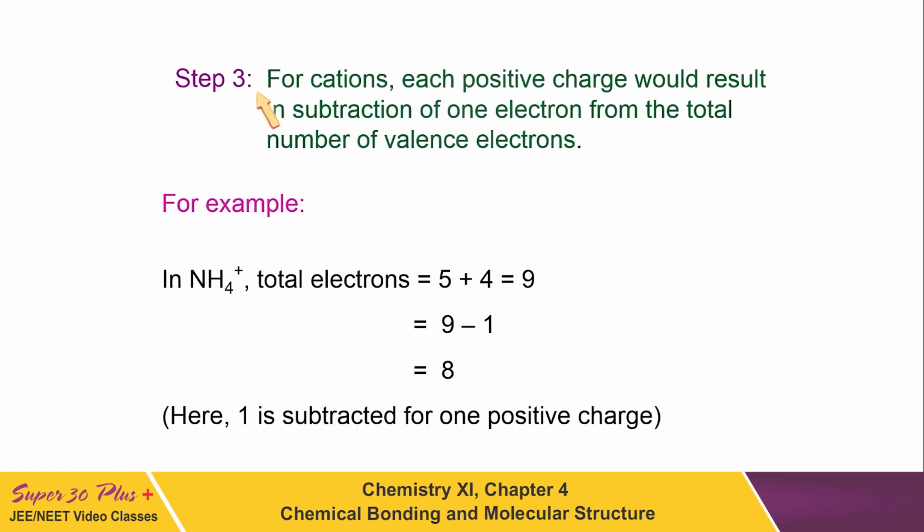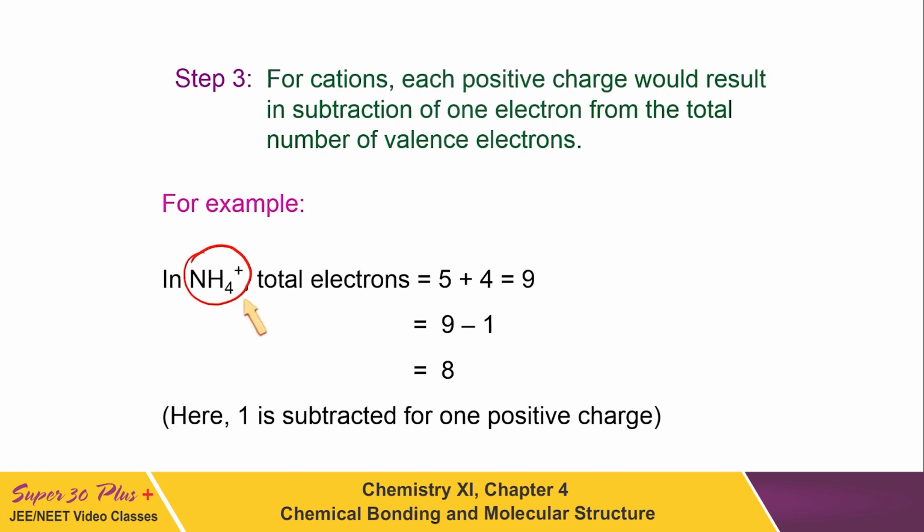In step 3, for a cation, each positive charge would result in the subtraction of an electron. You see, this is just the reverse of step number 2. What if the species is carrying a positive charge, like NH4 plus?